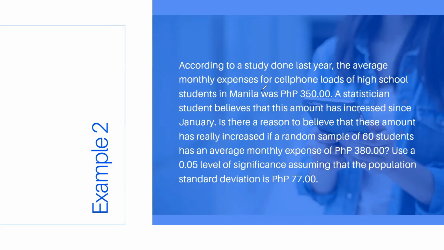Is there a reason to believe that this amount has really increased if a random sample of 60 students has an average monthly expense of 380 pesos? Use a 0.05 level of significance, assuming that the population standard deviation is 77 pesos. Again, we will be using the steps in testing hypothesis.